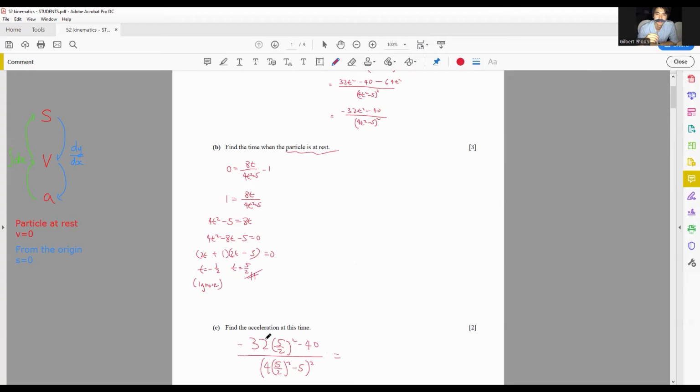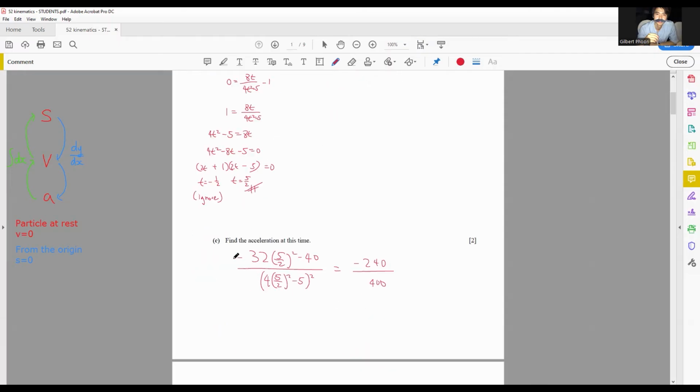Type this into your calculator, and you would get top part negative 240, bottom part 400, and therefore the acceleration finally equals negative 3 over 5.